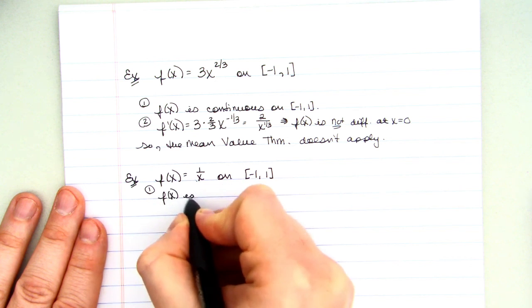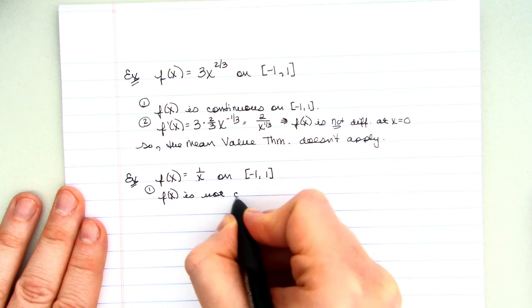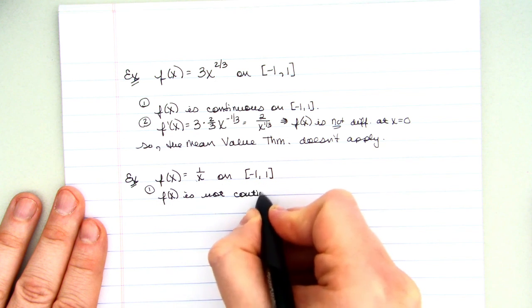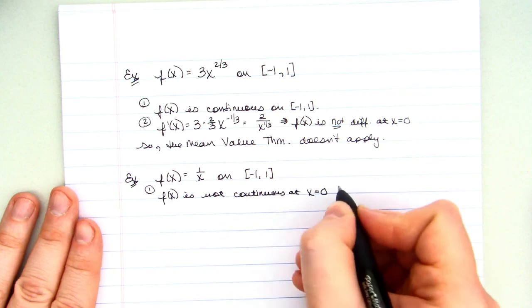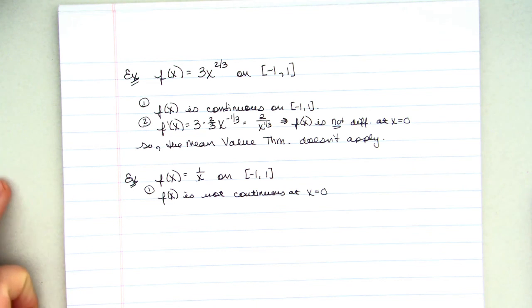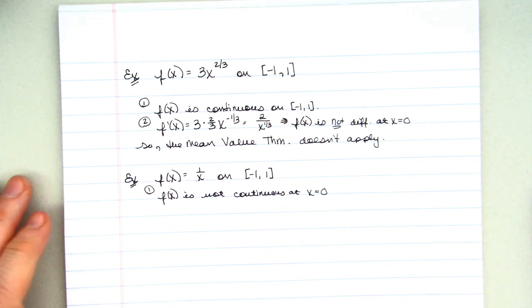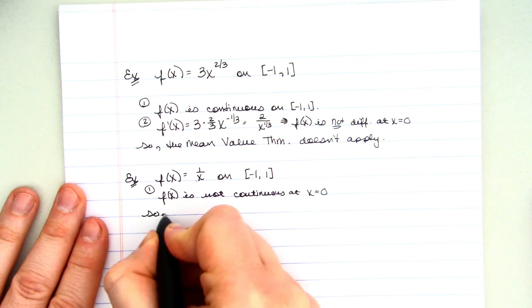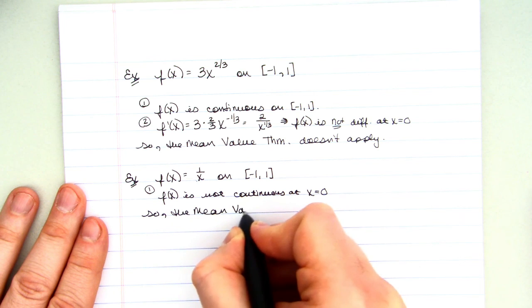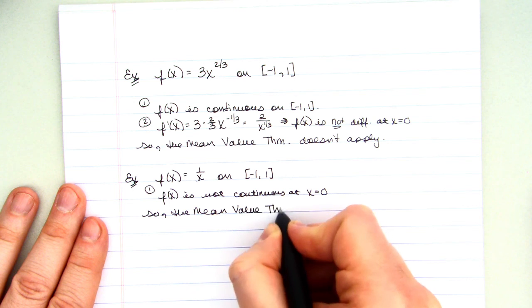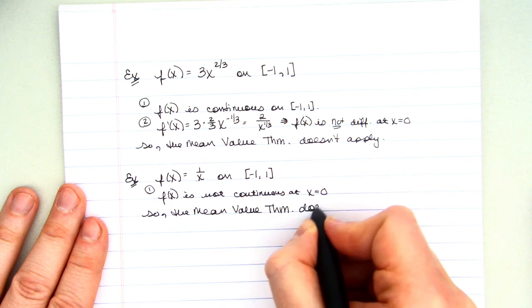F of x is not continuous at x equals 0. Not even going to bother going on to the differentiable part, because if we're not continuous, that's good enough for the mean value theorem to not apply. The mean value theorem doesn't apply.